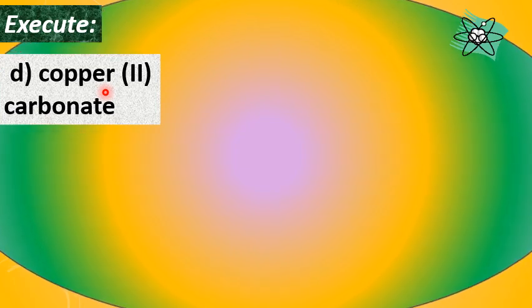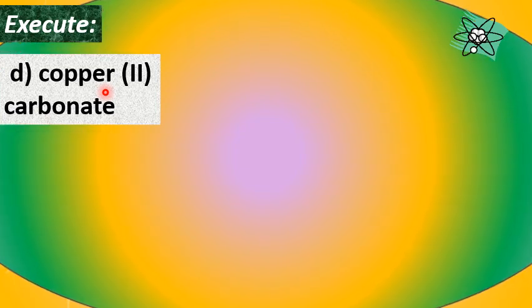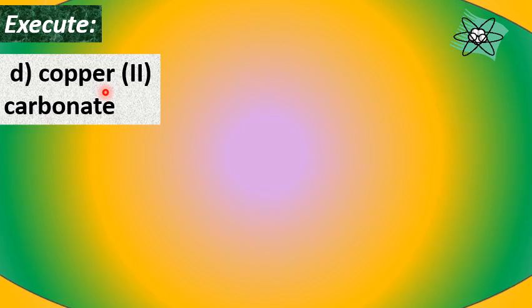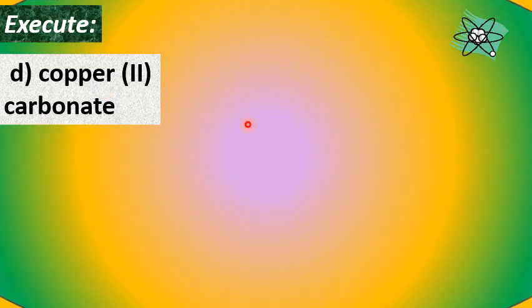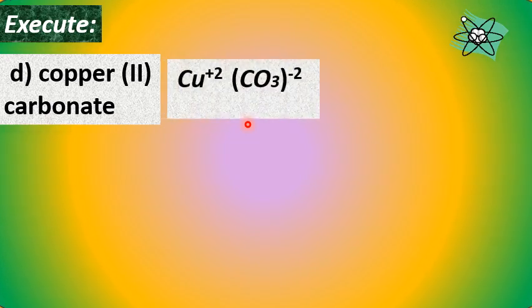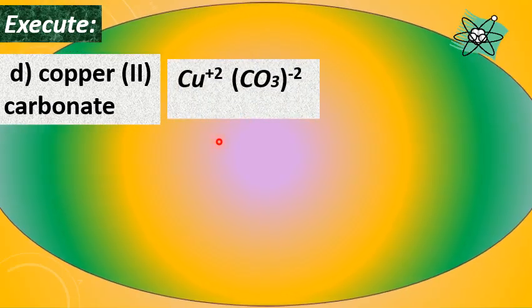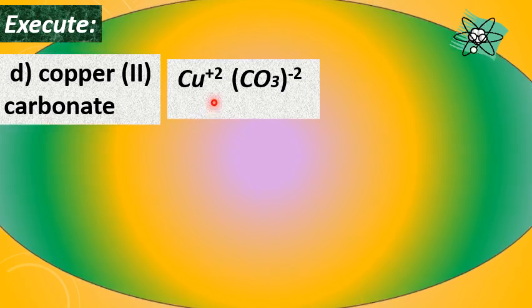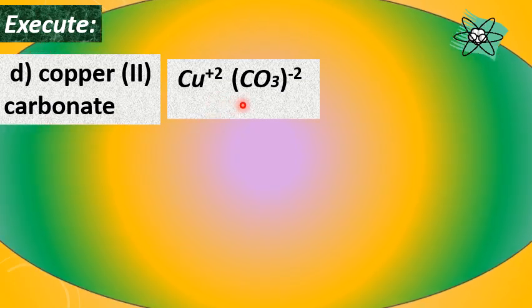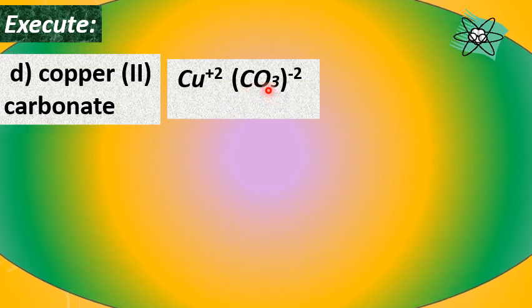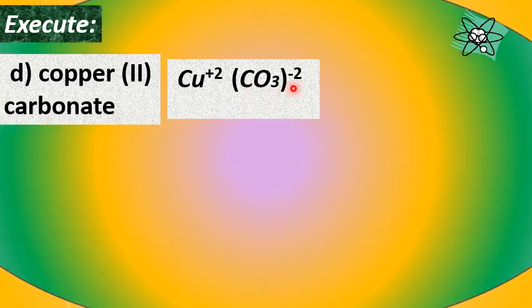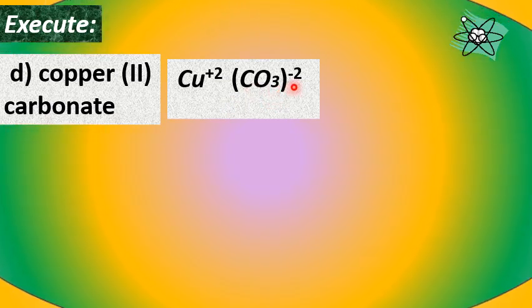For copper Roman numeral 2 carbonate, or that is also called cupric carbonate, the ion copper positive 2 combines with carbonate, CO3, with an ionic charge of negative 2.